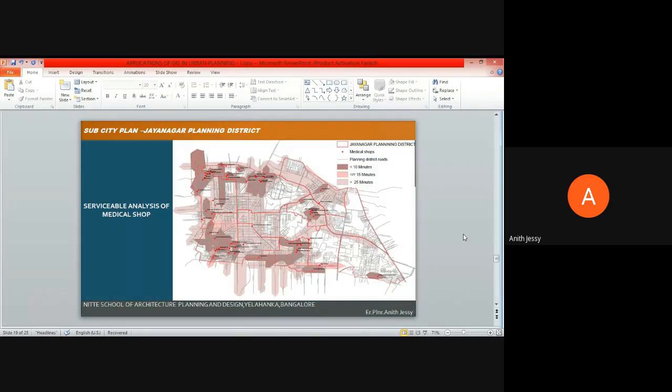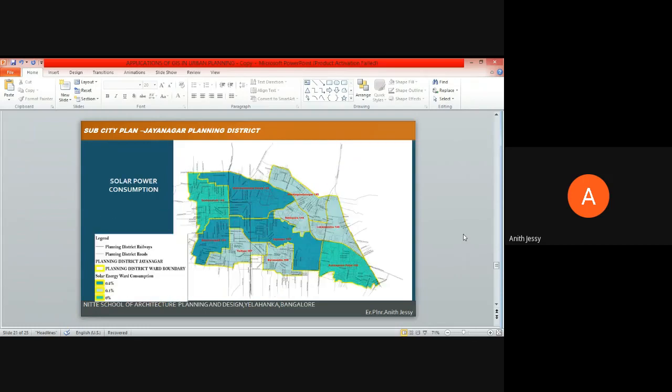Network analysis is carried out basically using the road networks as the major primary data, together with the location of the services and the land use. Together we prepared the network analysis. So this was done for social infrastructure.